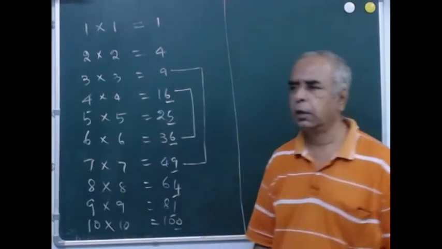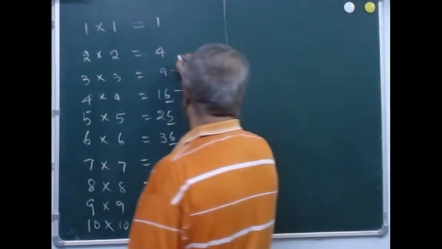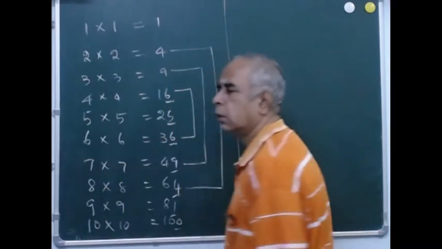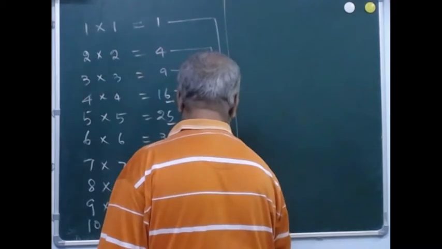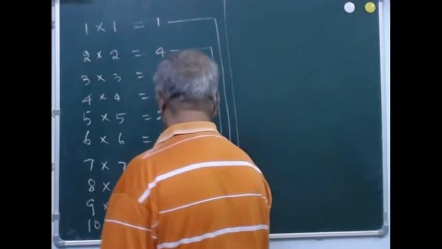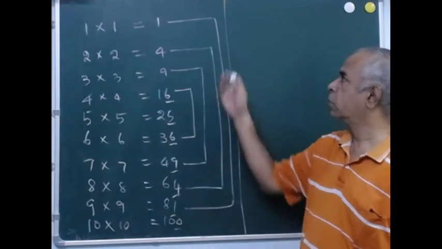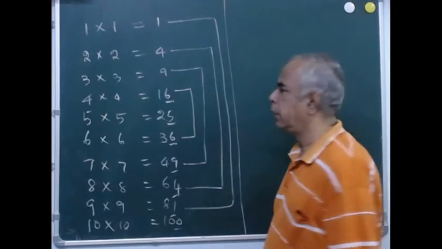There is a very good pattern. Similarly, 1 into 1 and 9 into 9. Of course, here there are 2 zeros. Can you work out similarly for a 2-digit number, that is 11 into 11?